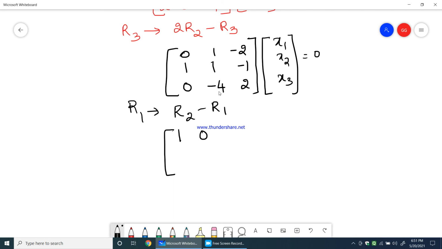R2 is minus 1, minus of minus 2, which is minus 1 plus 2 is 1. So I'll keep 1 1 minus 1 0 minus 4 and 2. So I'll get x1, x2, x3.